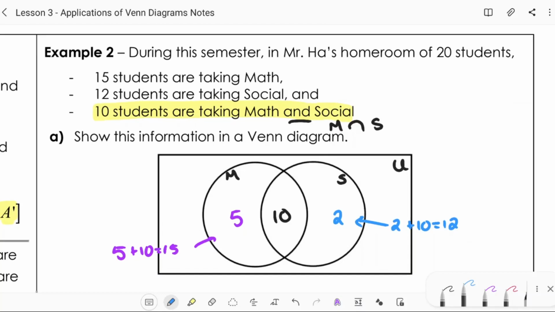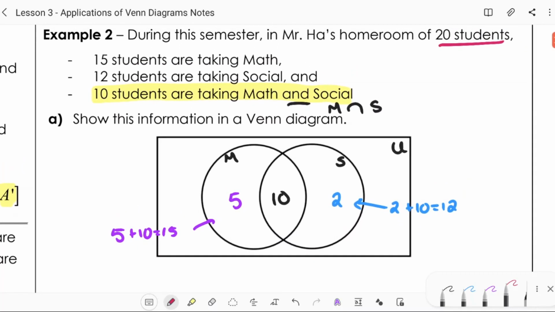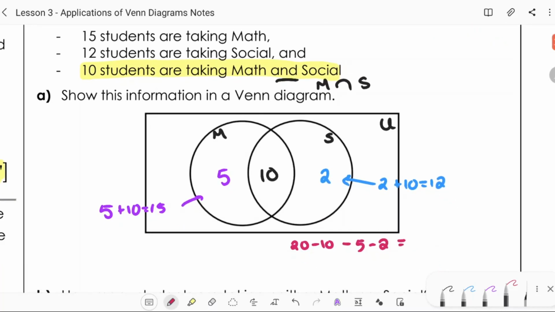And then if we look back at the very top, originally it said the homeroom had 20 students. I haven't accounted for all 20 students yet. Right? I've accounted for 10 of them taking both, 5 additional students taking math, 2 additional students taking just social, which is 17 total students.